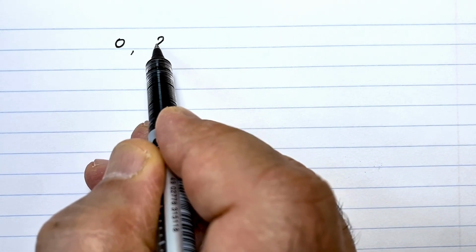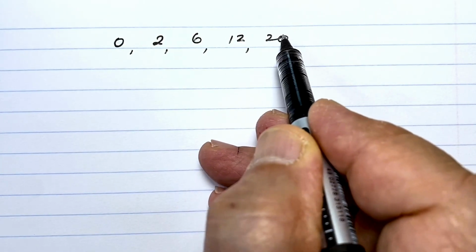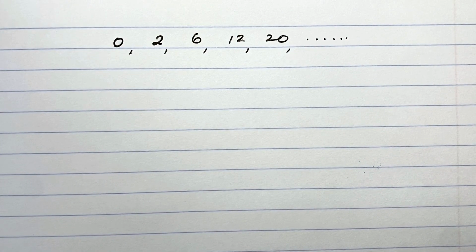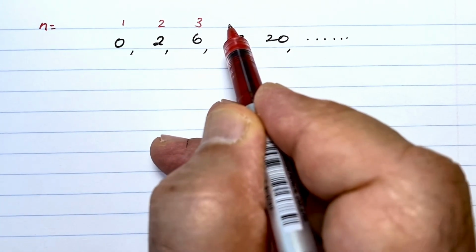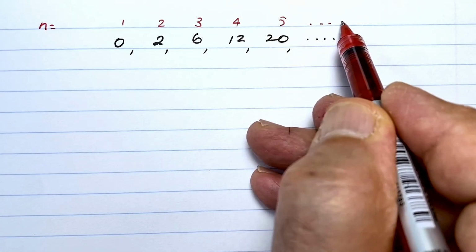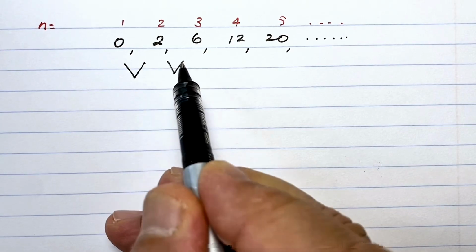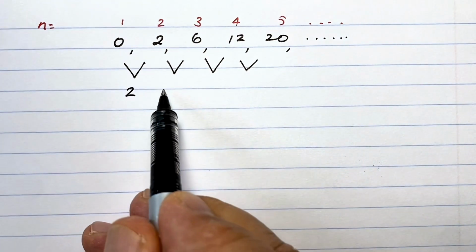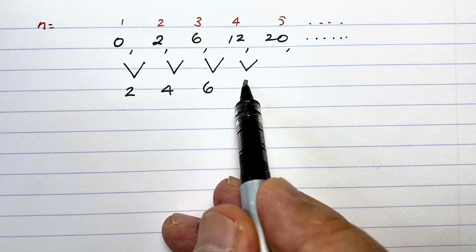Set of numbers 0, 2, 6, 12, 20. Let's give them the n values: term number 1, 2, 3, 4, 5, etc. Let's find the first difference. 2 take away 0, 6 take away 2, 12 take away 6, and 20 take away 12.